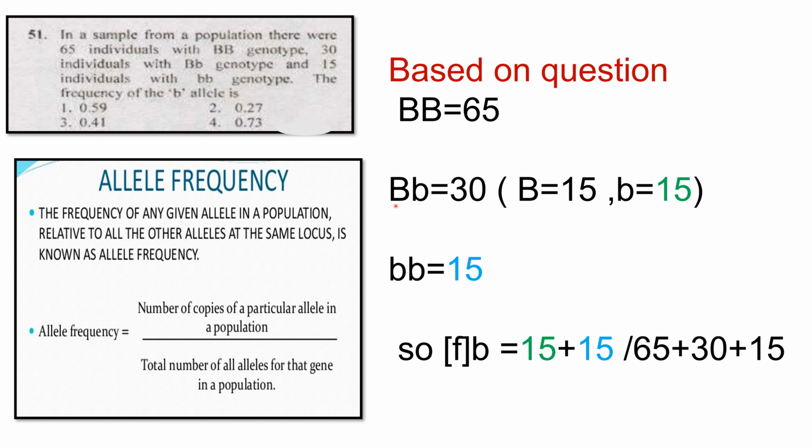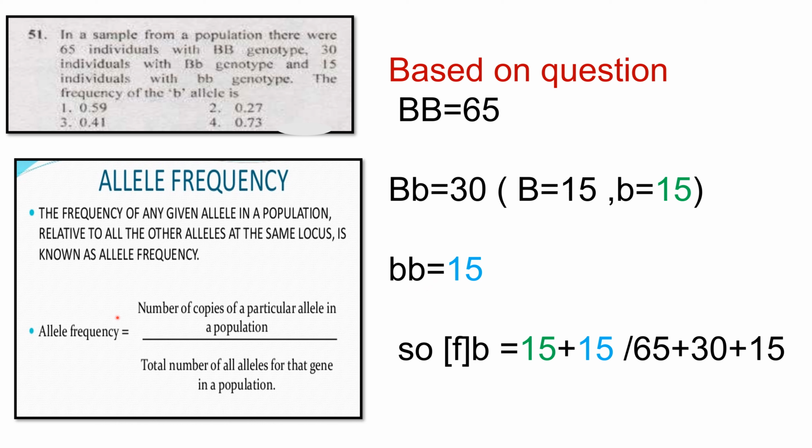In BB we don't have any small b, so you can leave this. In the heterozygous genotype we have a small b, so if you split it, b is equal to 15. And in bb also, you can take 15.